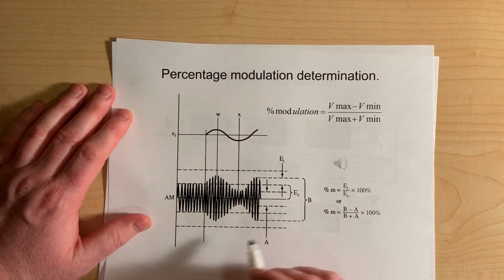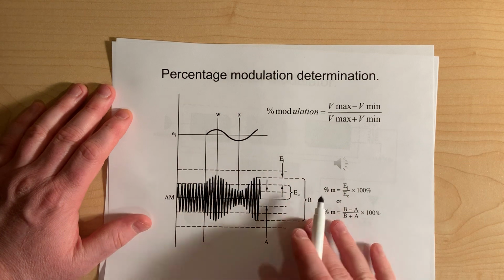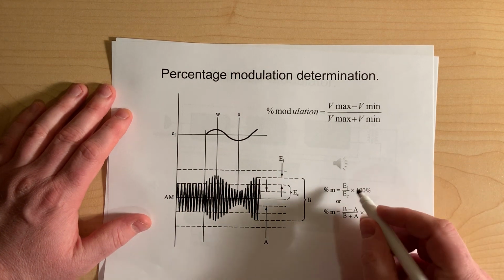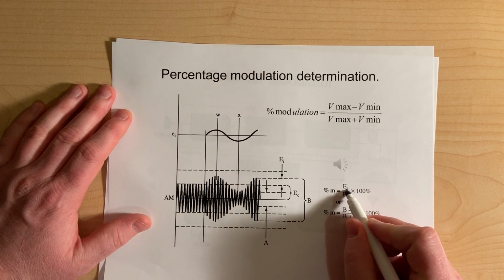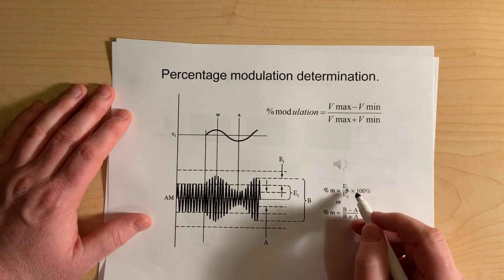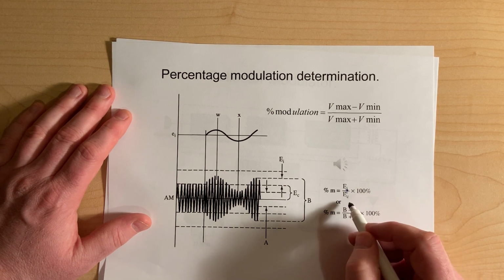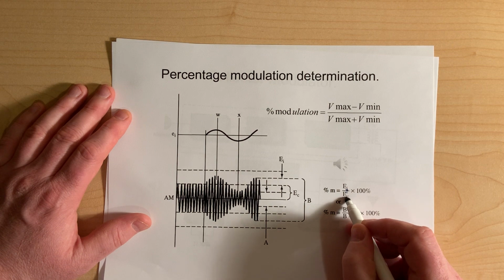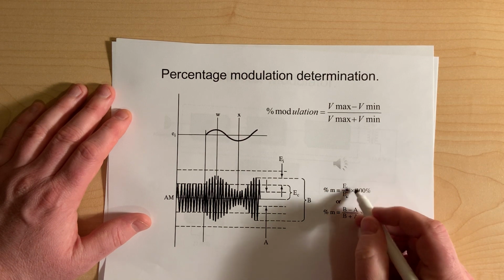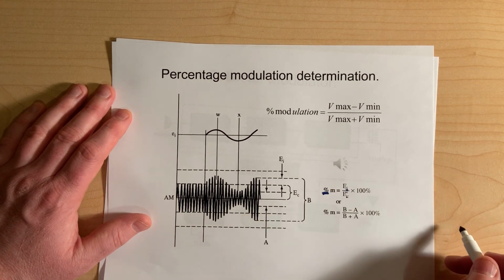Now for calculating, if I wanted to figure out what the modulation is, if I knew the potential of the intelligence and the potential of the carrier, I can just divide those, times 100, and that's going to be the percent modulation.